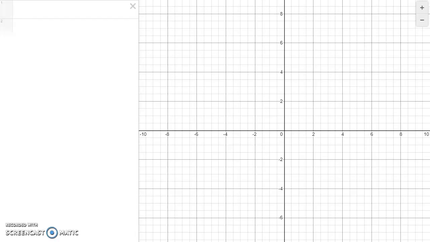Okay, now I wanted to show you graphically what happens, and we're using a calculator called Desmos. So we are just going to go ahead and type up our function.